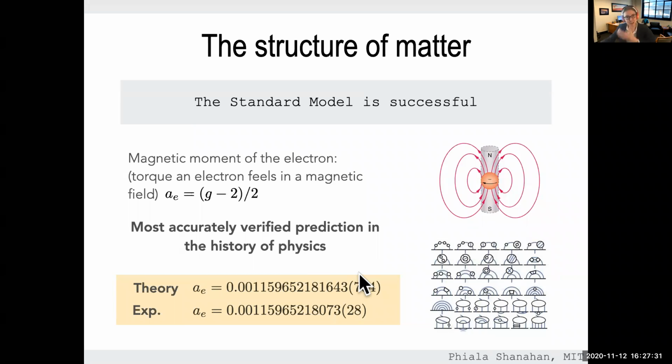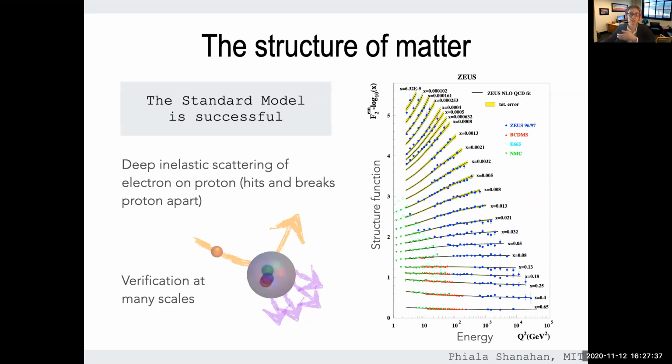But it's not just that the standard model is successful at certain key predictions, it's that it's successful over such a wide range of scales. So here's just one other example in deep inelastic scattering. That's scattering where you take an electron and fire it at a proton so hard that the proton breaks apart. This is encoded in what are called structure functions, shown here in this chart.